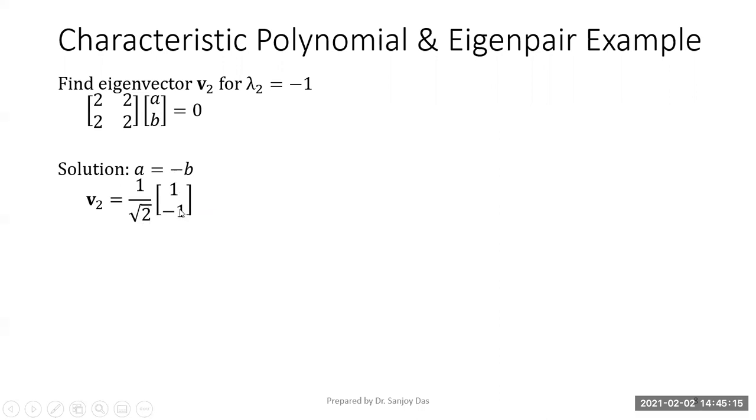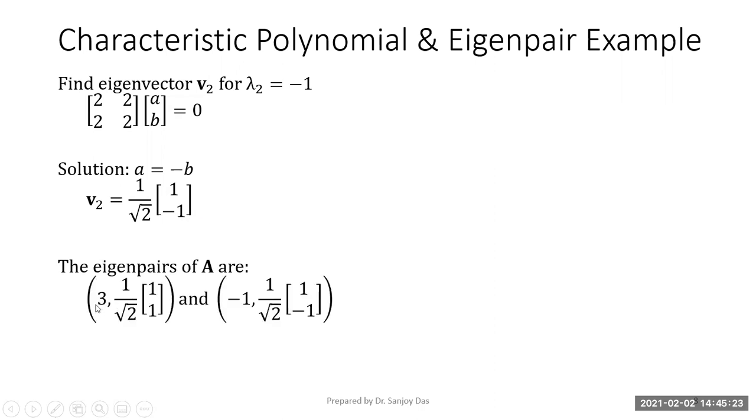It could have been (-1, 1) too. Doesn't make a difference. Thus, the eigenpairs of A are 3 and 1 over square root of 2 times (1, 1), and negative 1 and 1 over square root of 2 times (1, -1). These are our eigenpairs of A.